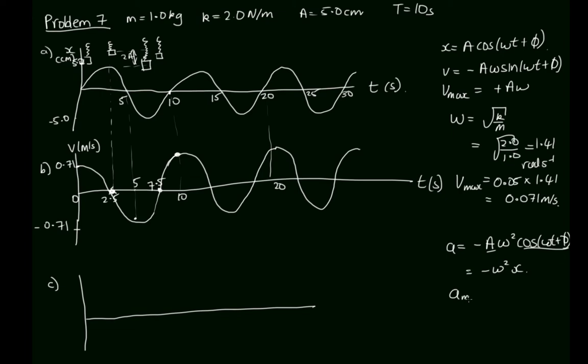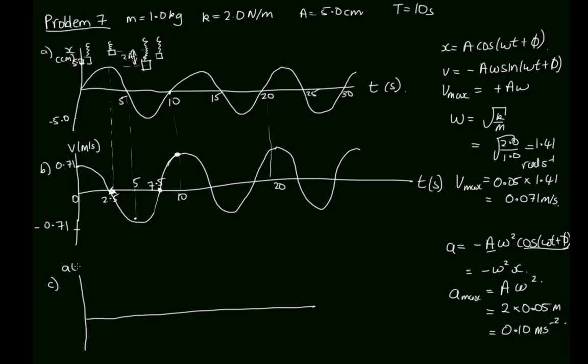And so the maximum value this can have is a omega squared, where omega squared is the square root of 2 squared, so that's 2 times a, which is 0.05 meters, because it was 5 centimeters. So this is going to be equal to 0.10 meters per second per second.